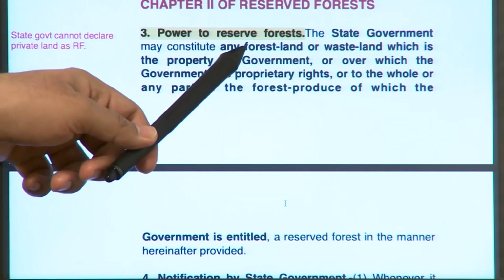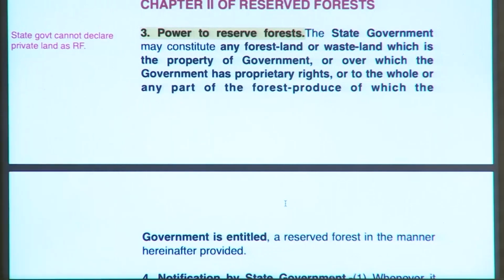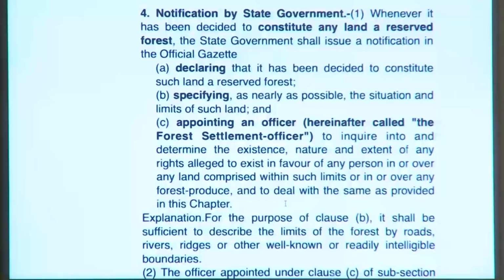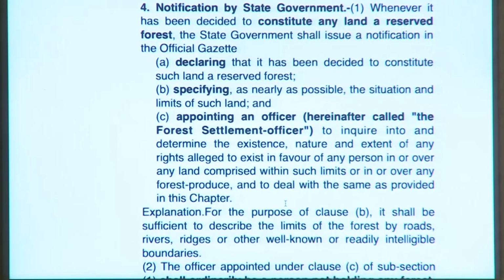So, if you have any forest land or any wasteland which is government property, you can directly convert it into a reserve forest. The process is given in the later sections. You have a notification by the state government, you declare which are the areas that are going to be constituted into the reserve forest.